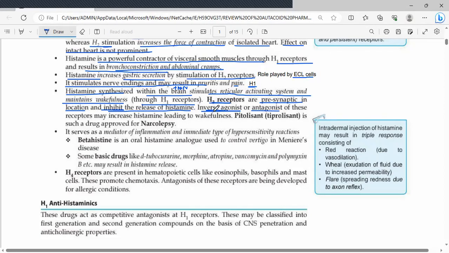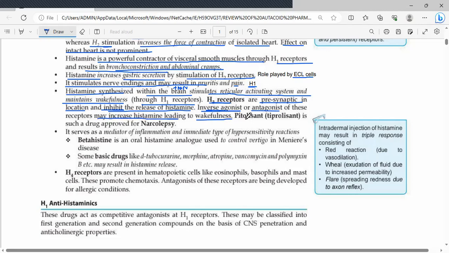Okay, so if you block H3 receptors with an H3 inverse agonist, there will be increased release of histamine. So they will increase histamine release, leading to a state of wakefulness.